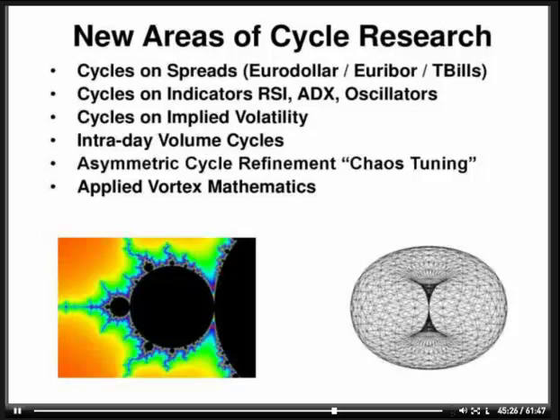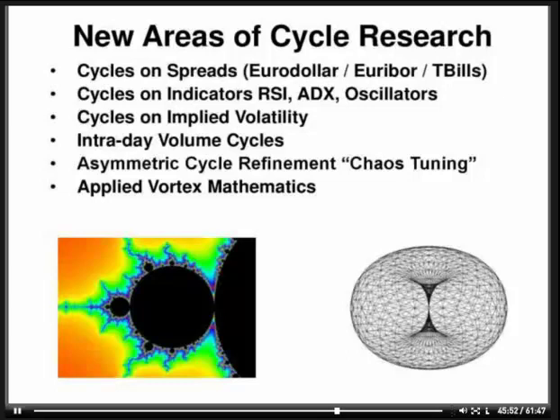Another really big component that I'm involved in is measuring cycles in implied volatility, because when you're trading options, it's very important to possibly know if volatility is looking to increase or decrease over a certain amount of time. We're actually finding that the cycles in implied volatility are very asymmetric, and they're really difficult to track down.